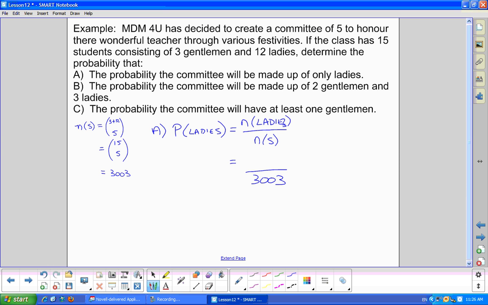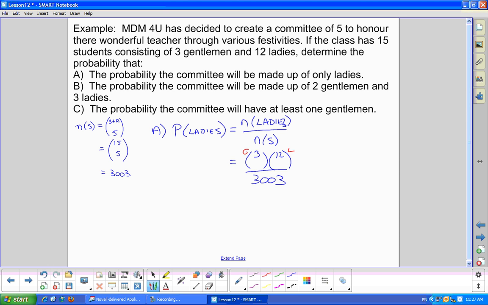How many ways can you choose ladies? When I do a committee question, this is the way I set it up. I always look at my gentlemen and my ladies combination. It's like bookkeeping. G for gentlemen, L for ladies. There are 3 gentlemen available, and there are 12 ladies available.